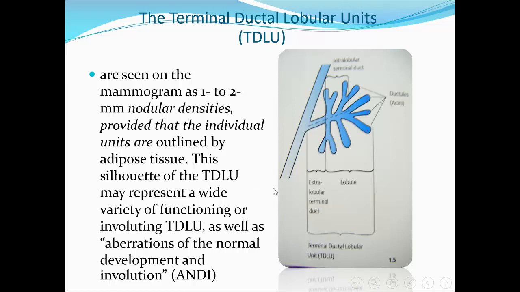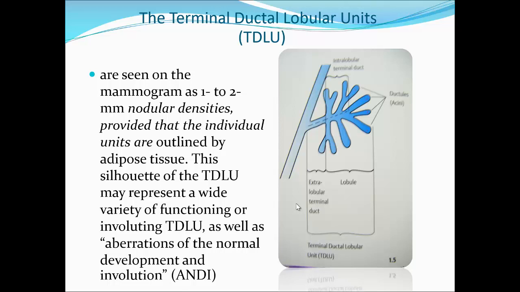And this silhouette of the terminal ductal lobular unit may represent a wide variety of functioning or involuting terminal ductal lobular unit. Functioning, as in cases of young female with still functioning glandular tissue present, excessive, which will appear more hypoechoic, as we will see in ultrasound and on mammography.